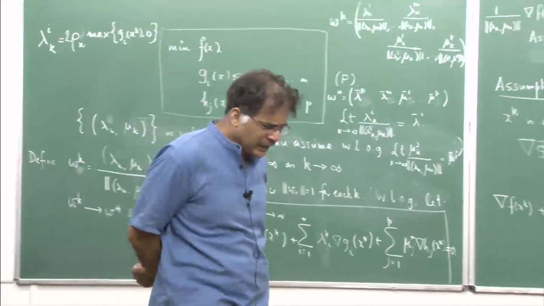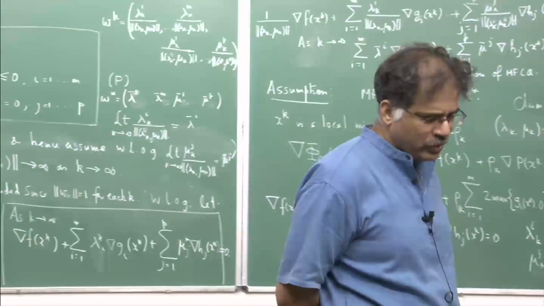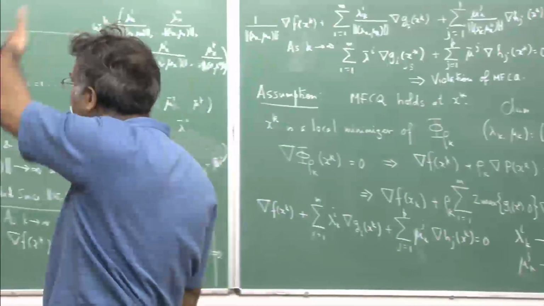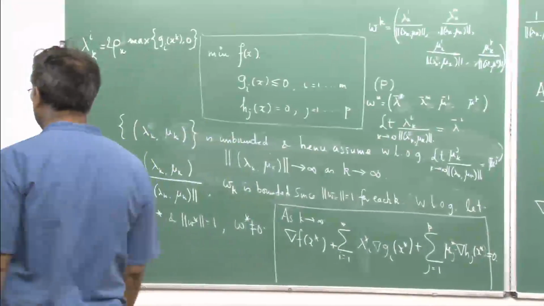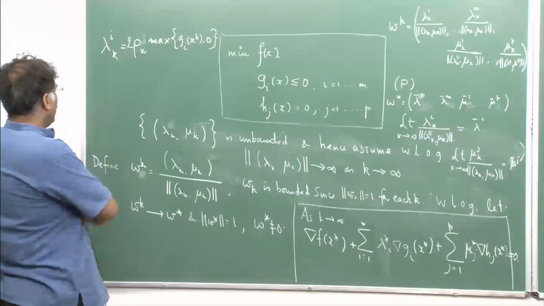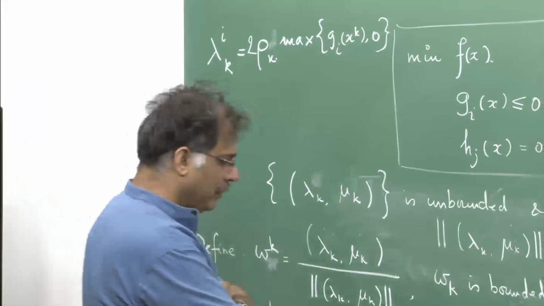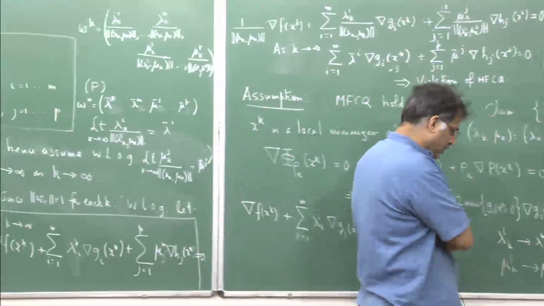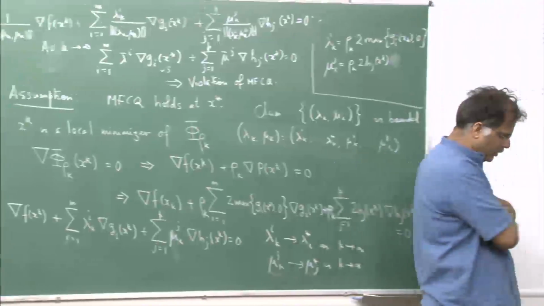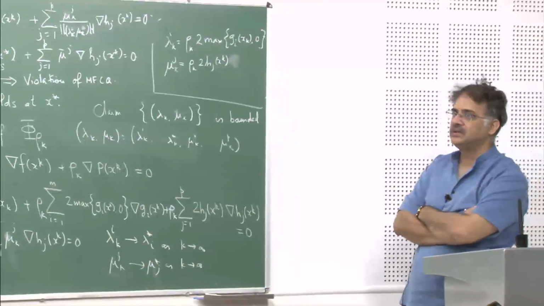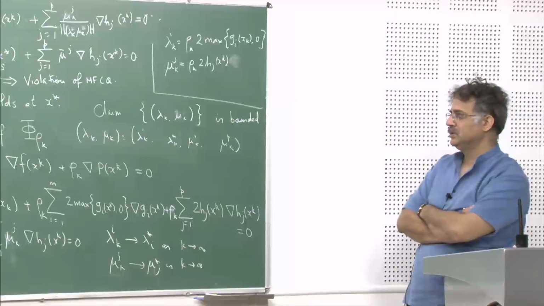now when lambda_i^k is converging, this rho_k cannot be unbounded. If rho_k is unbounded, then lambda_i^k cannot be converging to lambda star_i, so I cannot take rho_k to be an unbounded sequence, right.